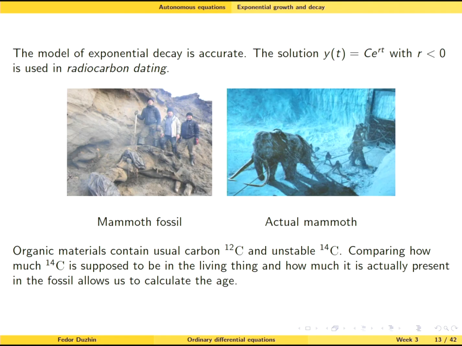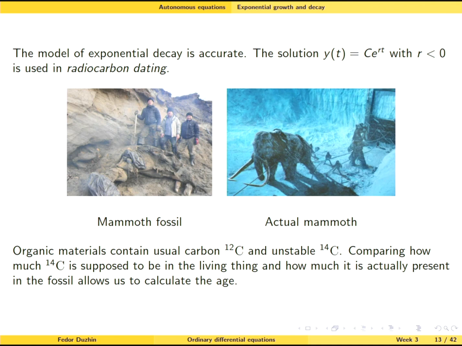Now, here is a simple application in practice. Right? So, what this differential equation is capable of doing. It is used in radiocarbon dating. So the thing is that organic materials contain two carbon isotopes.